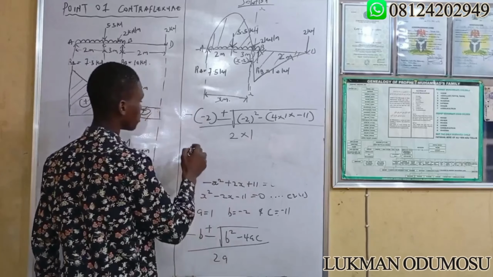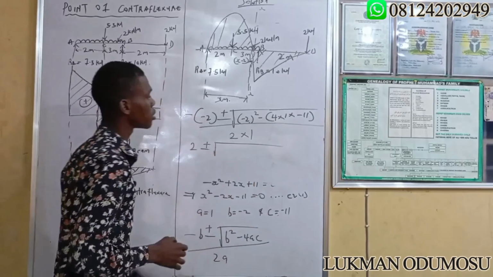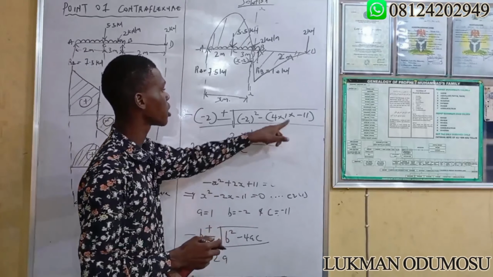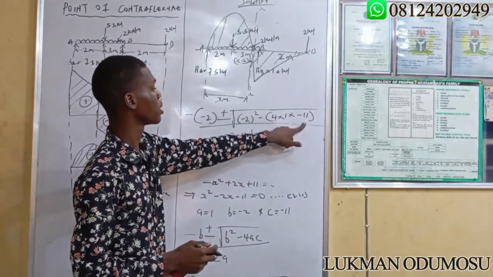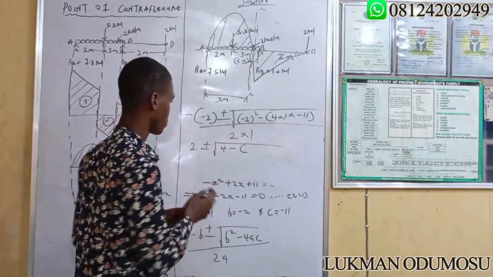Then from here I have 2 plus or minus square root of this is 4 minus open bracket 4 times 1, 4 times minus 11 is minus 44. Then minus times minus 44 simply means plus 44.